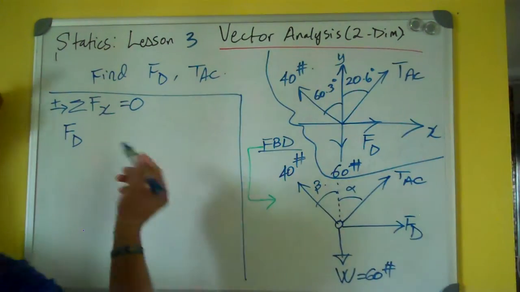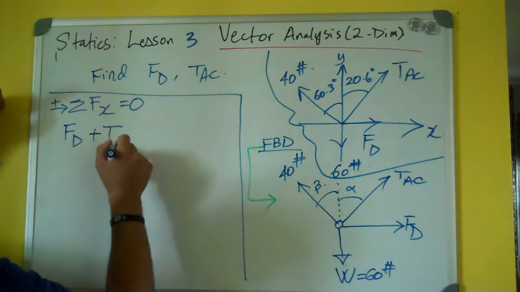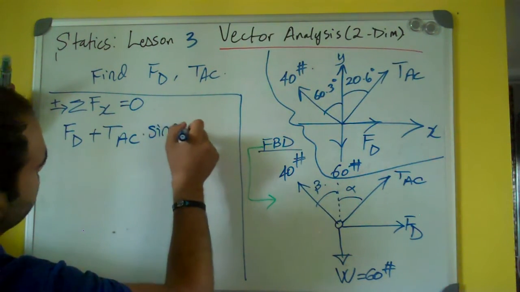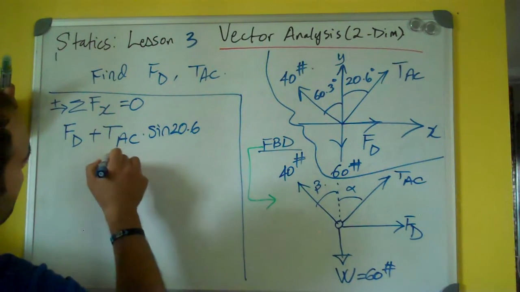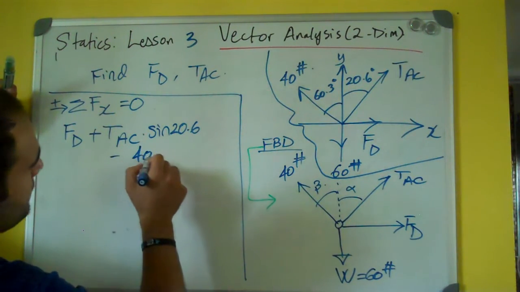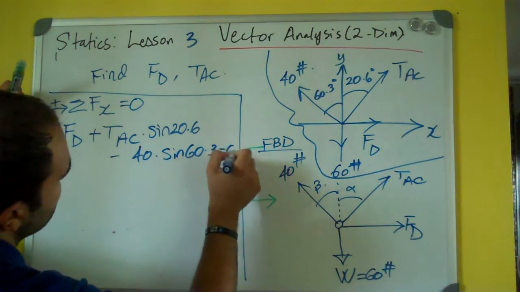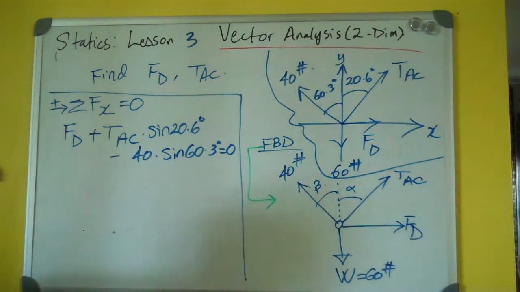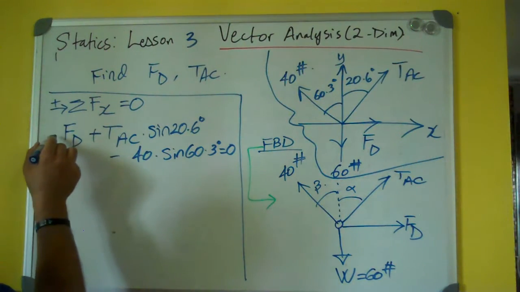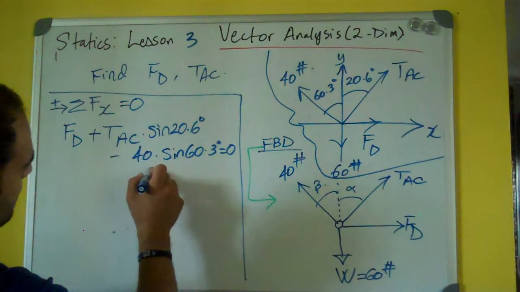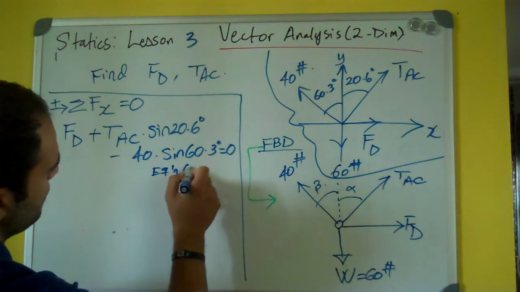So we're going to have plus TAC cosine 20.6 minus 40 times sine 60.3 equals 0. That is what we're going to call equation number 1.